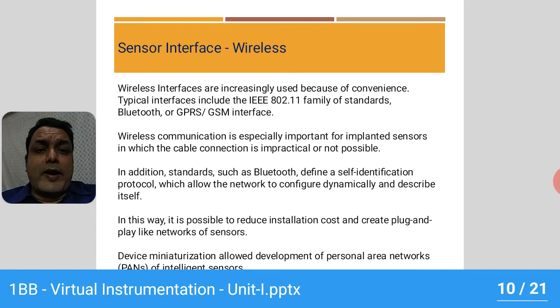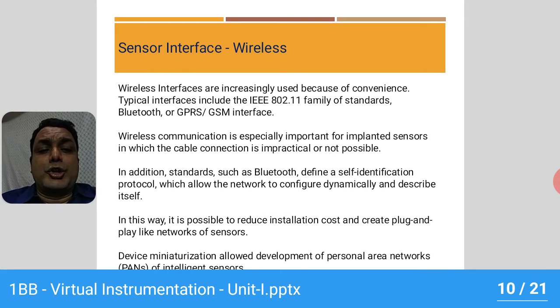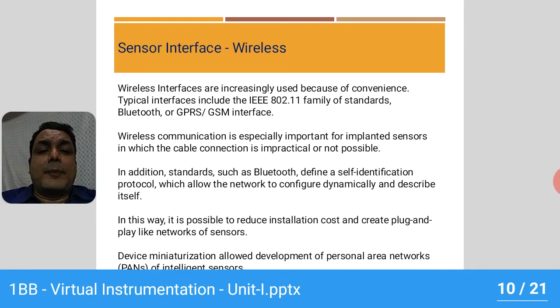It also provides device miniaturization, which allows personal area networks of intelligent sensors. That means in the modern scenario, it is very feasible to keep a larger number of sensors in the required conditions in industrial environments.